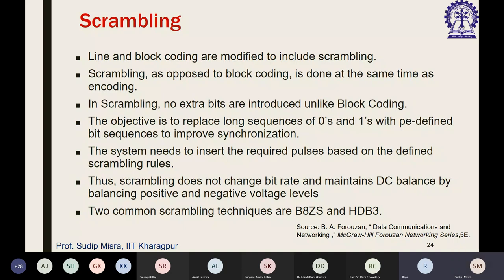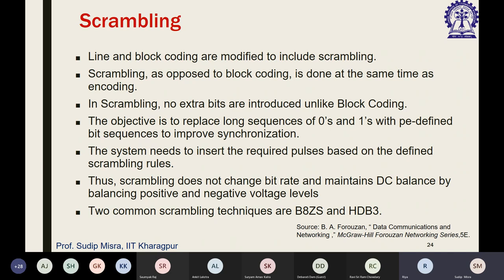However, in scrambling, you do not really need to introduce any extra bits. The objective is to replace the long sequence of zeros and ones with some predefined bit sequences to improve synchronization. Now, this particular sentence is the heart of scrambling, so let me read it once again.